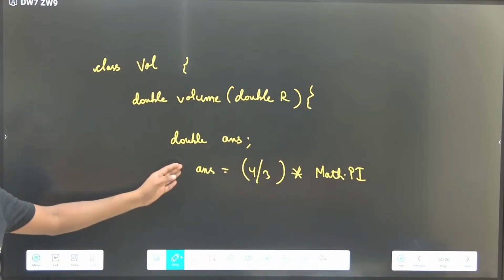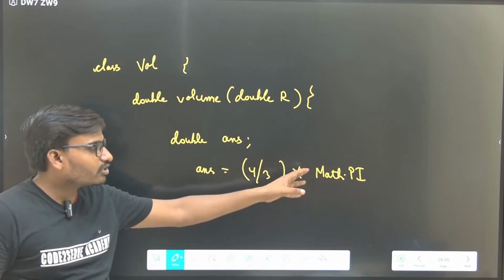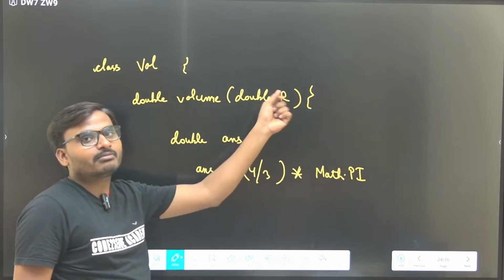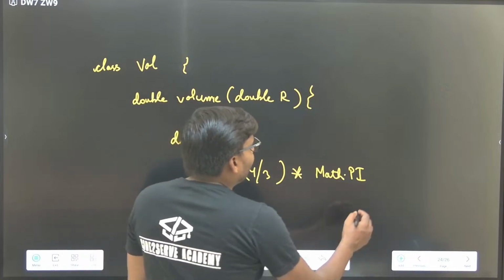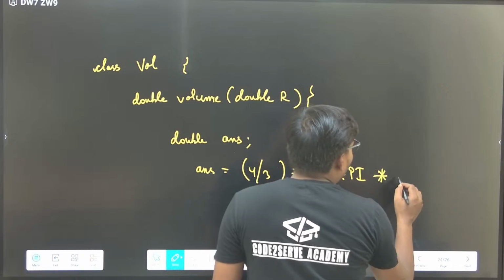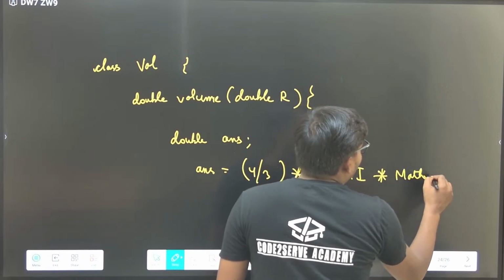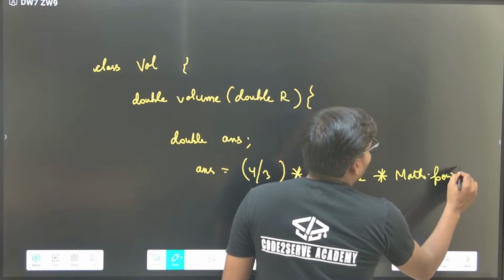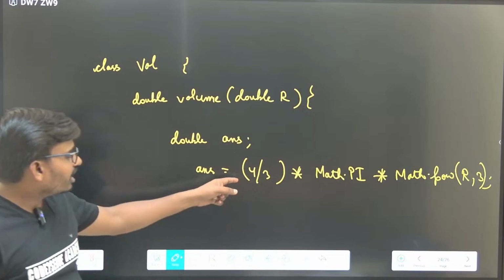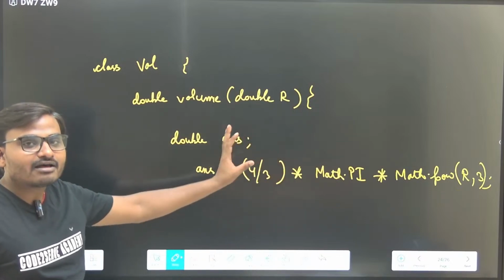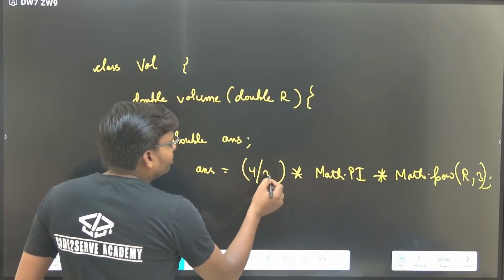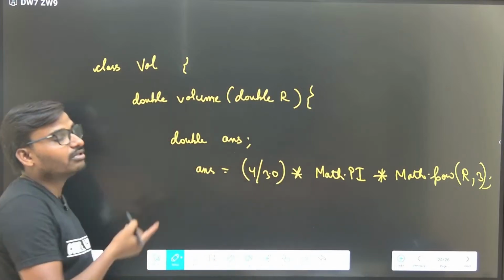You have to keep in mind, whenever you do Math dot PI, this PI should be capital. This will get the value of pi from the math library. Okay, and you have to multiply this with r cube. So you can do Math dot pow and r comma 3. So I already mentioned, whenever you do this type of division and you need the answer in double type, then you generally make the numerator or the denominator as double type.